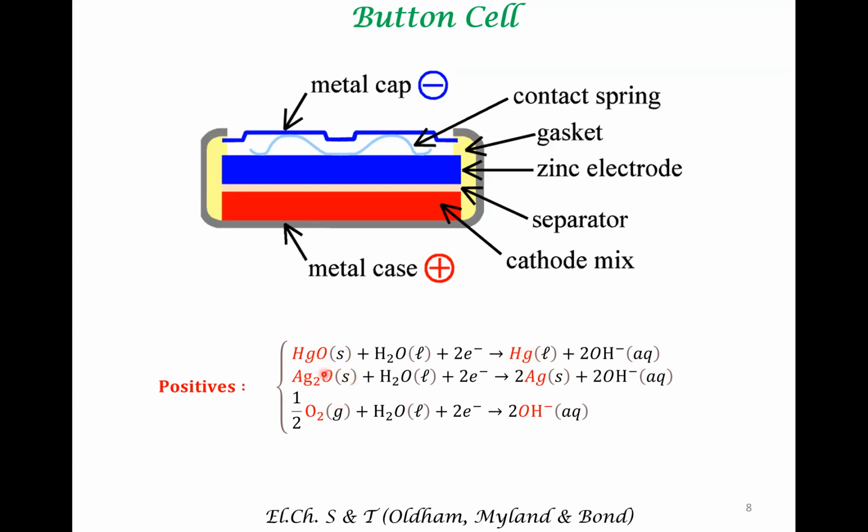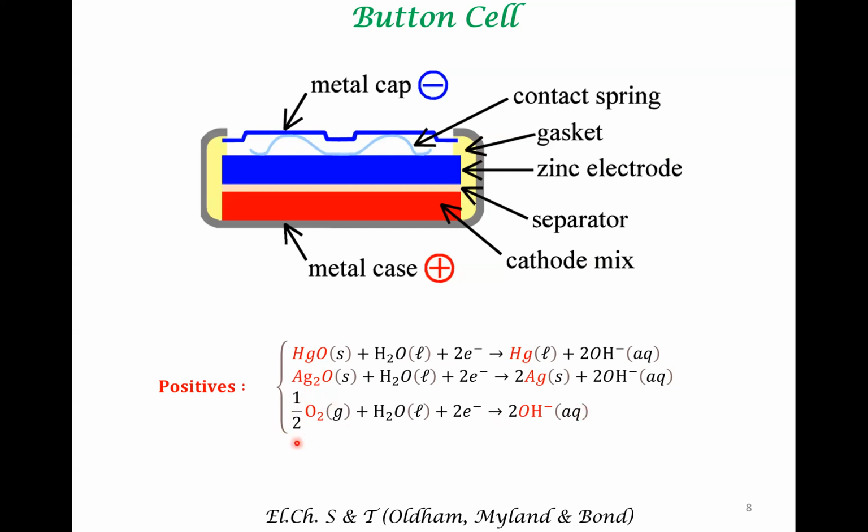Here you have silver oxide. The oxide of silver gets reduced to silver metal. So these are three possible options for the positive electrode. Okay, so you may have a battery with this positive electrode or this one or this one.